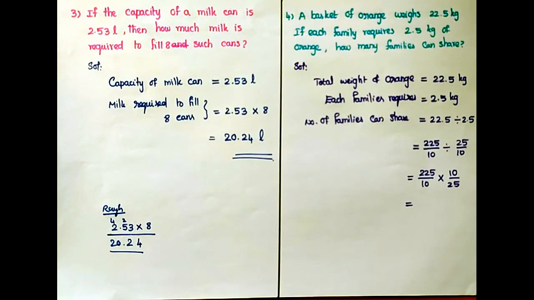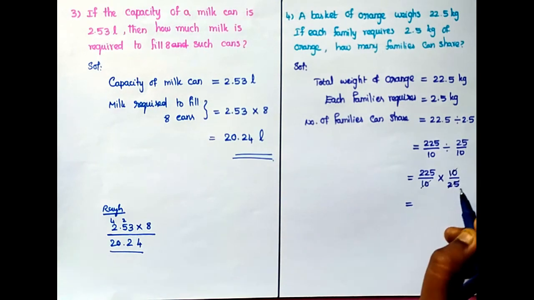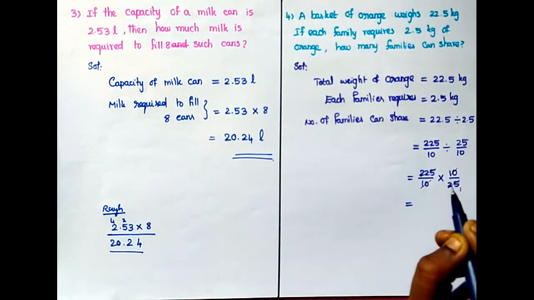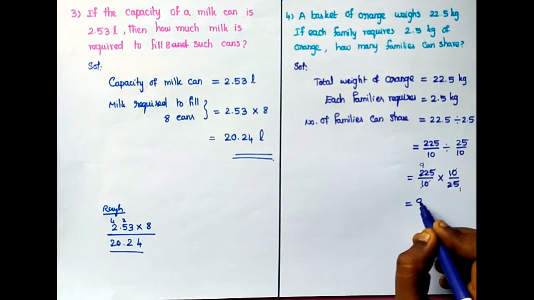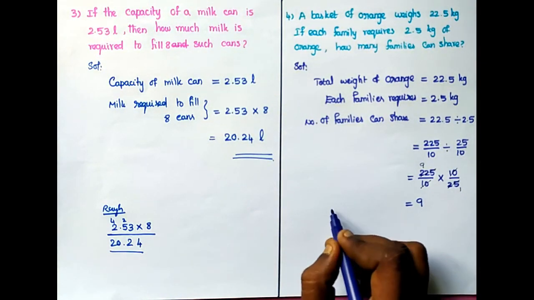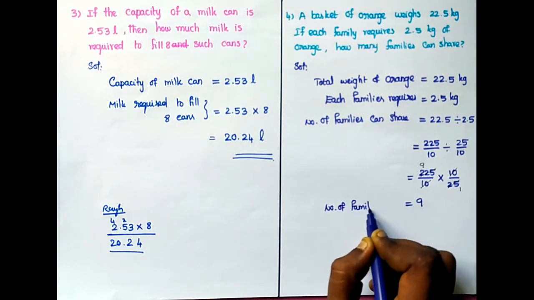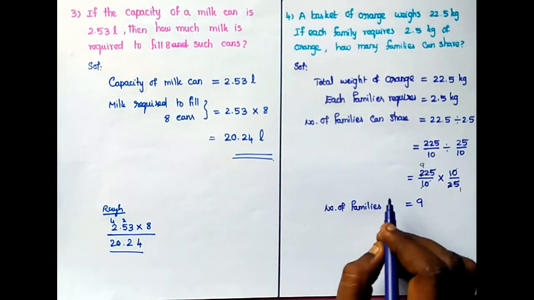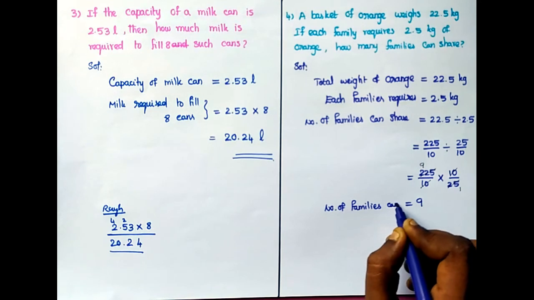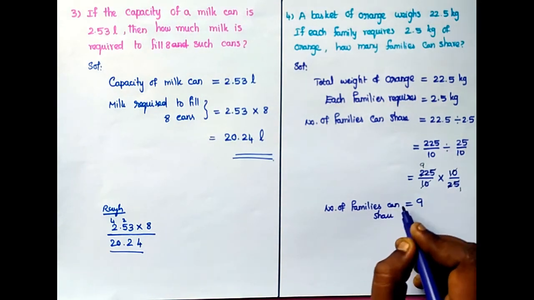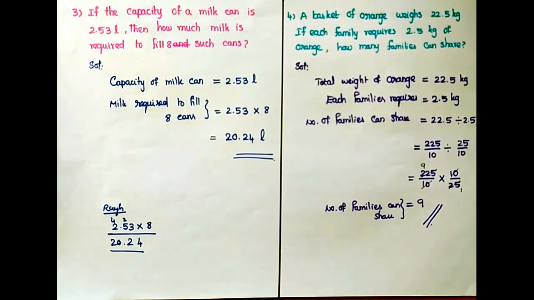Now cancel these numbers. 10 10 get cancelled, and here 25 9s are 225. So number of families can share equal to 9. That is the answer.